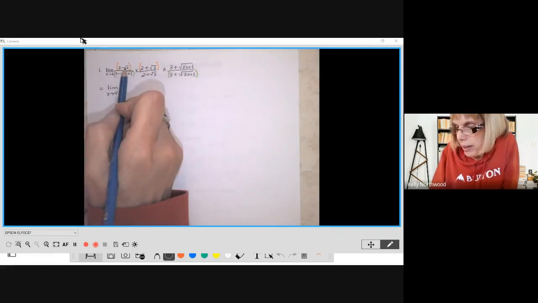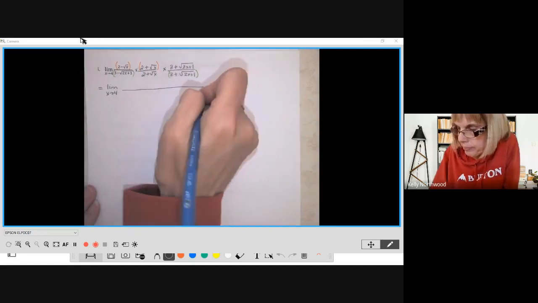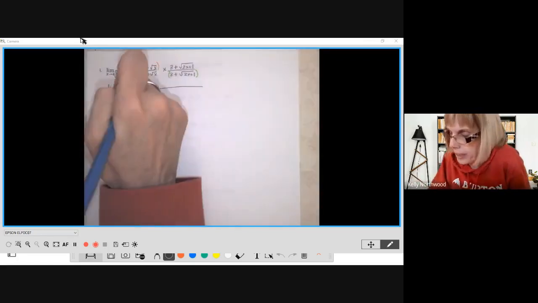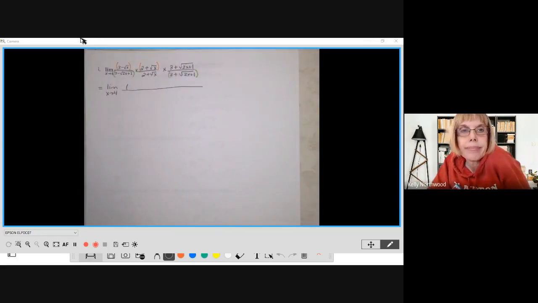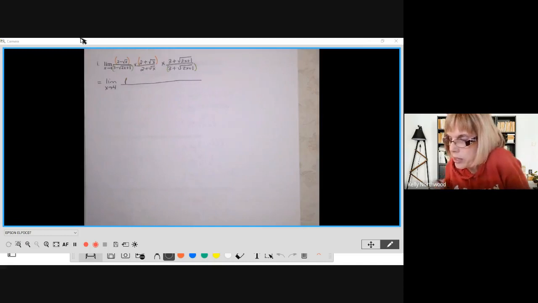So if I multiply 2 minus root x times 2 plus root x, what am I going to get? I'm going to keep it in brackets. I should keep it in orange brackets to be nicer. If I multiply 2 minus root x by 2 plus root x, what would I get?